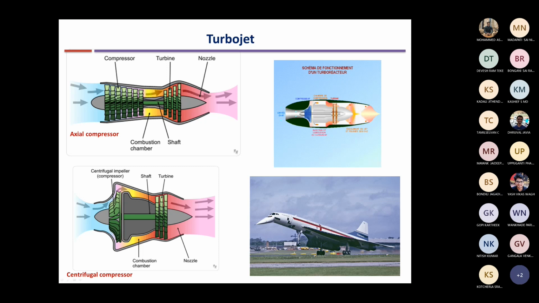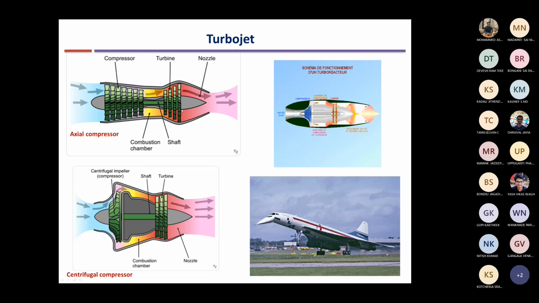So what we had studied is that in a typical jet engine or even in an industrial gas turbine, there are a set of compressors after the intake, which is used for increasing the pressure of the intake air. Okay, and then we obviously have the combustion chamber to increase the temperature, and then we have a set of stages of turbine. So multiple turbine stages, which is used for running the compressor.